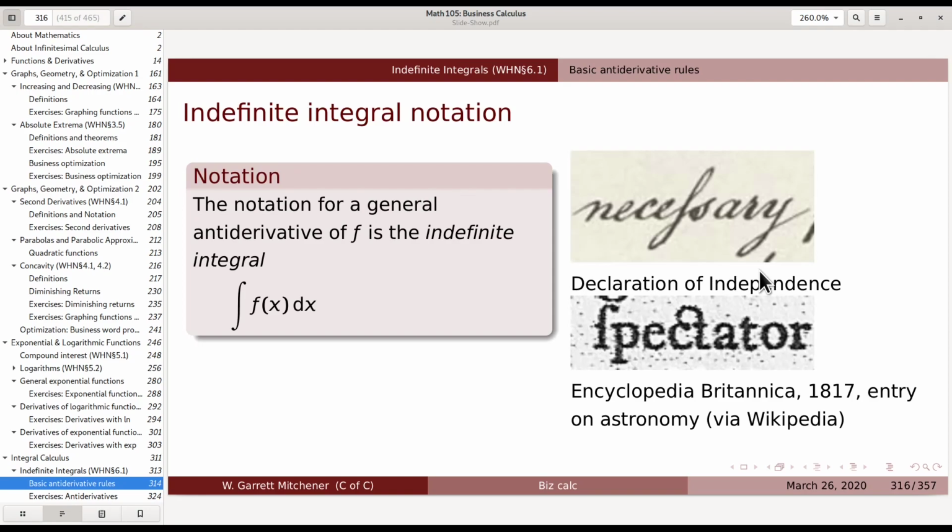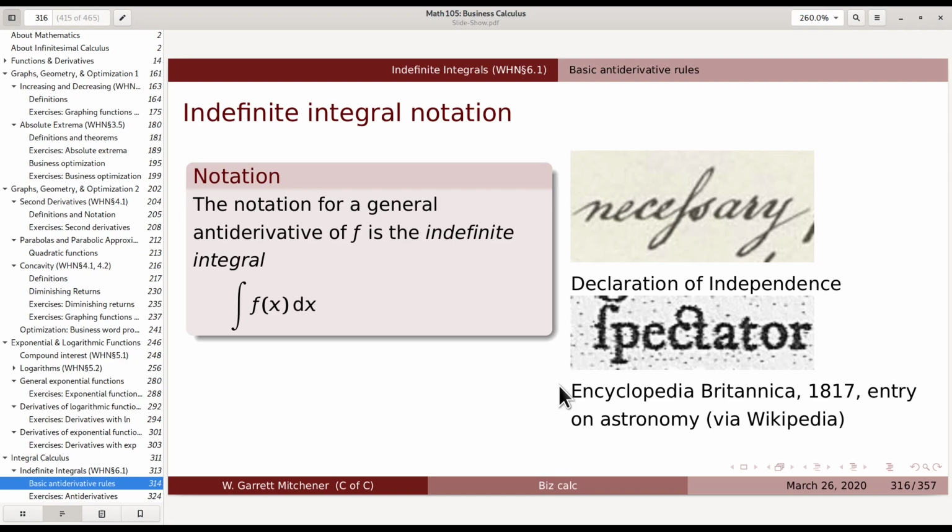Now, the notation for a general antiderivative of a function is something called the indefinite integral. The symbol here, sometimes called an integral sign, is actually a tall S. For example, here's a little bit from the Declaration of Independence, and here's a little bit from an old version of the Encyclopedia Britannica.